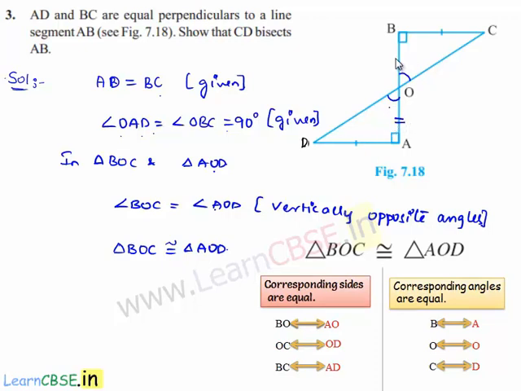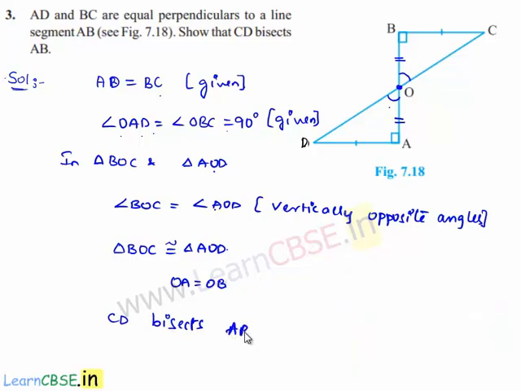Therefore, OA is equal to OB. Therefore, we can say that O is midpoint of AB, and finally we can conclude that CD bisects AB at O.